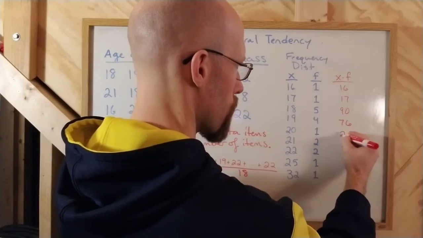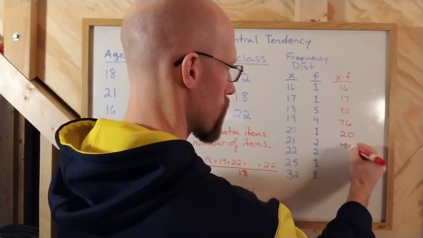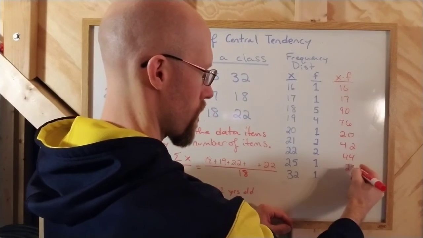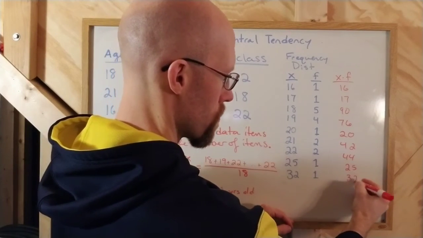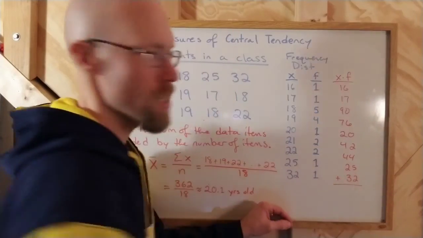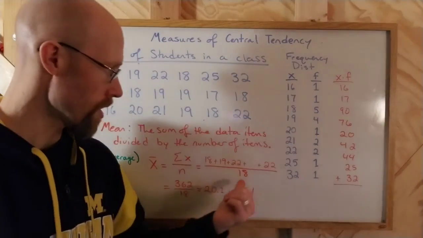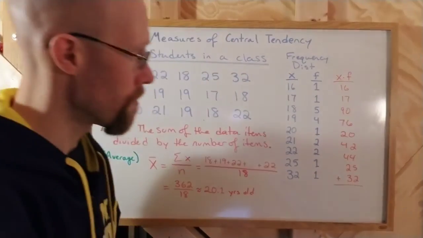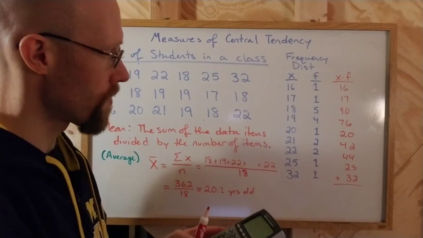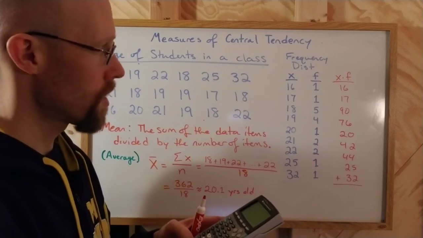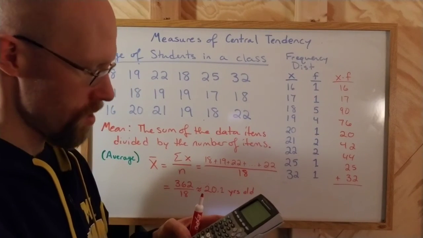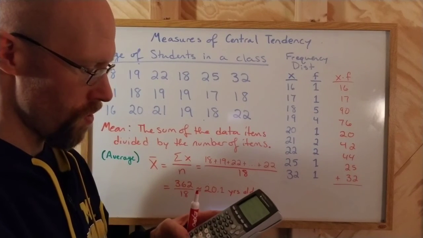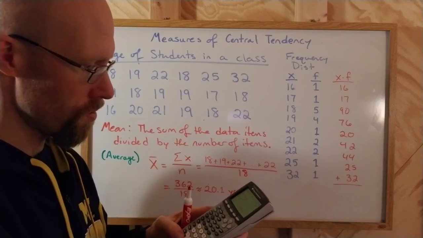Then 20 times 1 is 20, 21 times 2 is 42, 22 times 2 is 44, 25 times 1 is 25, 32 times 1 is 32. If I add those together, in theory I should get the same 362, so let's do that. 16, 17, 90, 76, 20, 42, 44, 25, and 32.